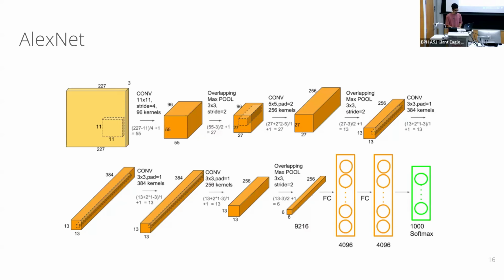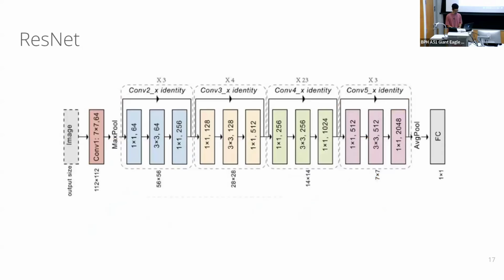So one of the shortcomings of the networks that used the AlexNet style is that when you put a lot of layers consecutively, we had an issue of gradient vanishing. And so one of the solutions to that was using residual connections.